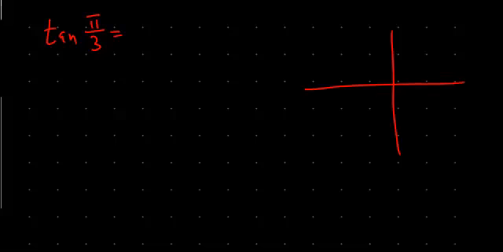So I think we have time for a tangent. Let's say we have the tangent of pi over 3. On my unit circle, we know that when we're dealing with the inverse function, we're on this arc over here.